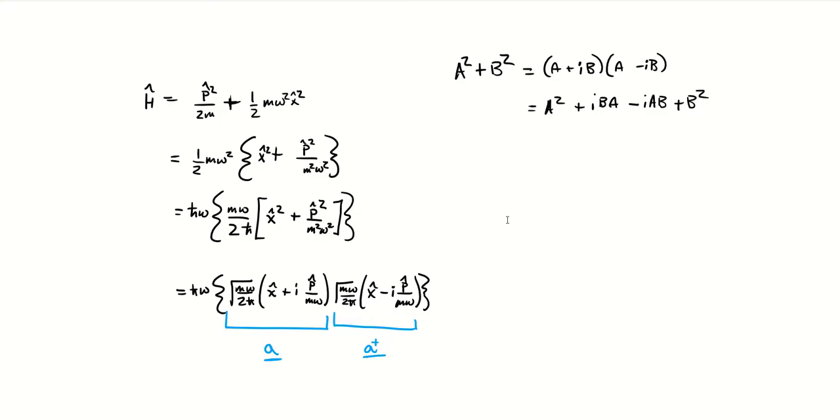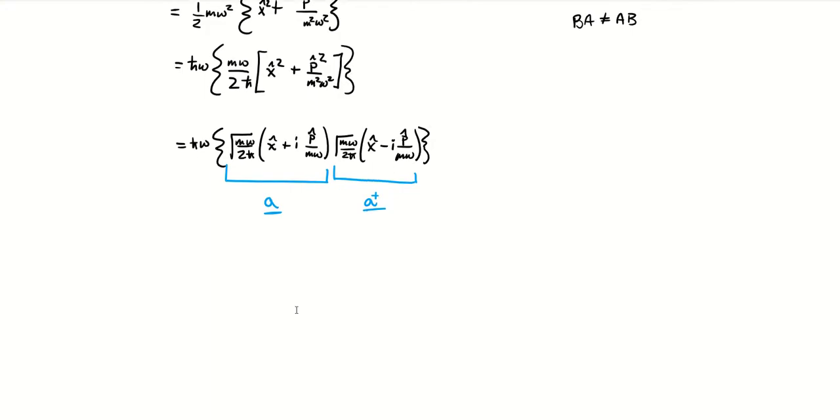And in normal algebra, these would cancel. But these are quantum mechanical operators, so BA does not necessarily equal AB. There's a commutation relation here where there will be a leftover term. So what we have to do in this Hamiltonian, to make it actually equal the Hamiltonian we want, is get rid of that cross term.